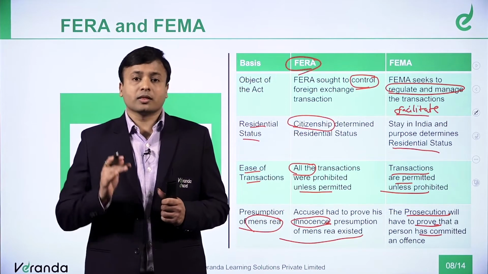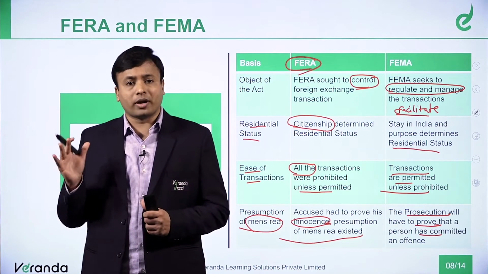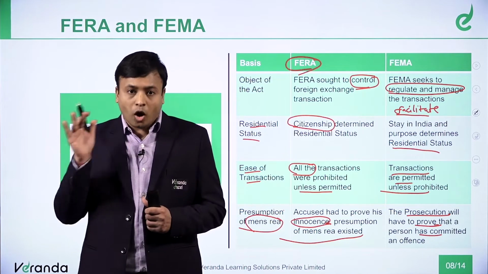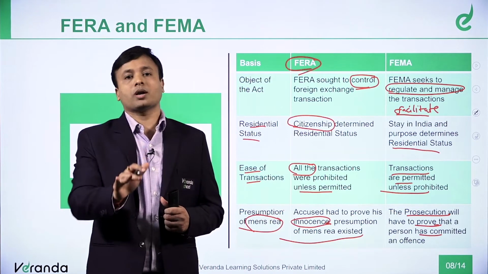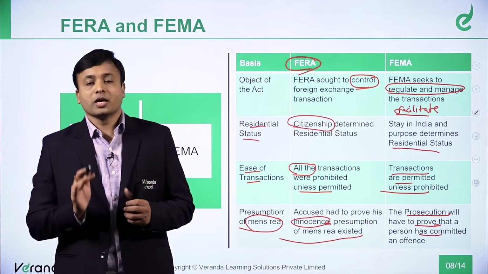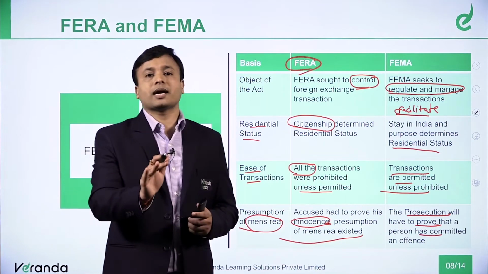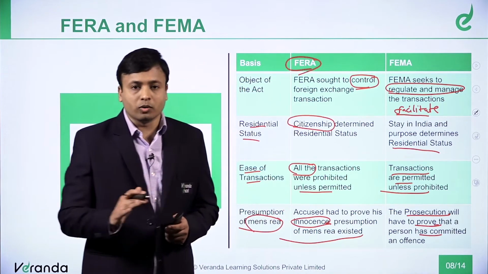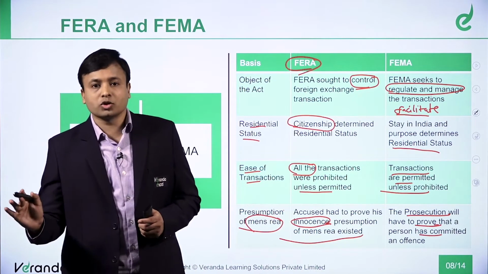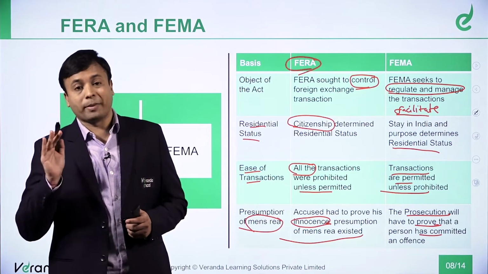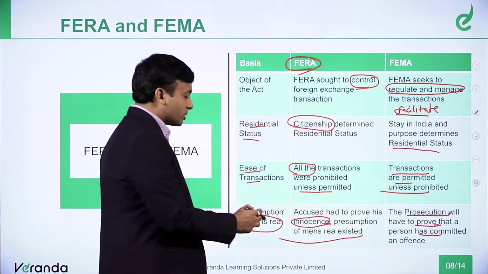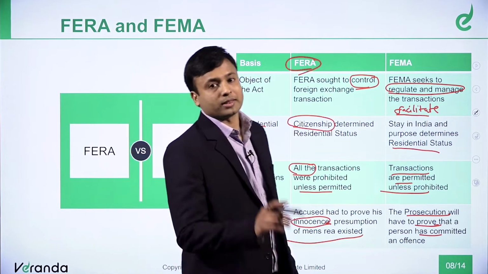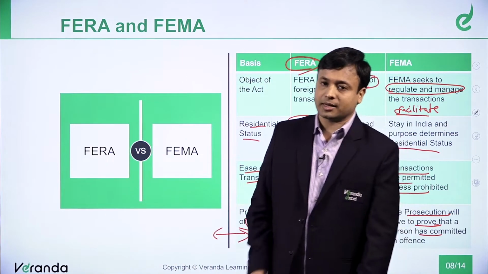That means the law, that is the government, will not assume that you have committed an offense. It is the law which has to first prove that you are an accused in the case of FEMA. So, FERA had mens rea as a concept. It assumed existence of mens rea. However, FEMA did not assume existence of mens rea. This was the most striking change in the act between FERA and FEMA, that is existence of mens rea.